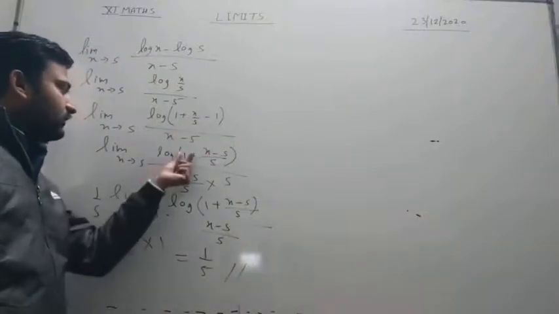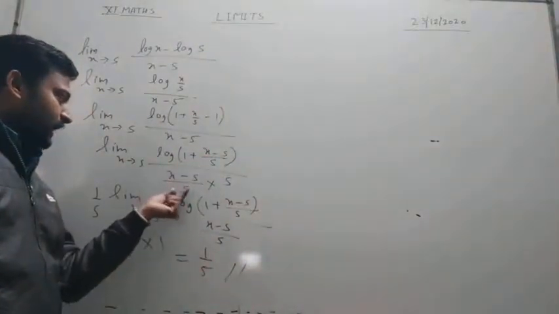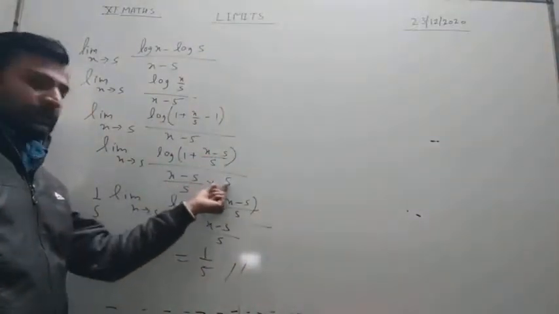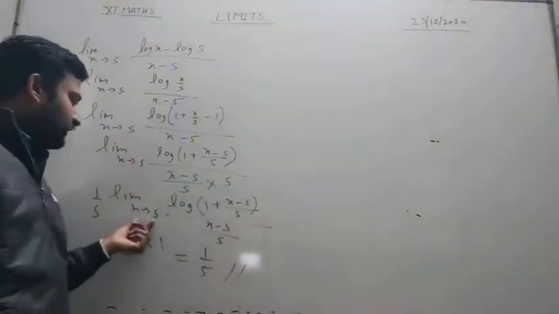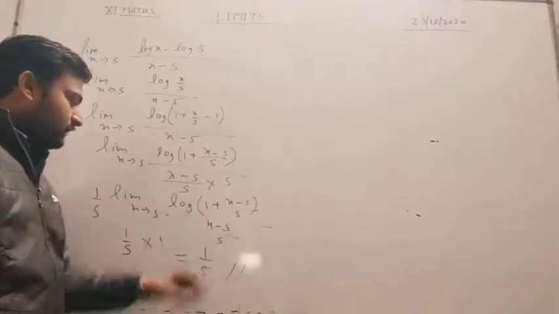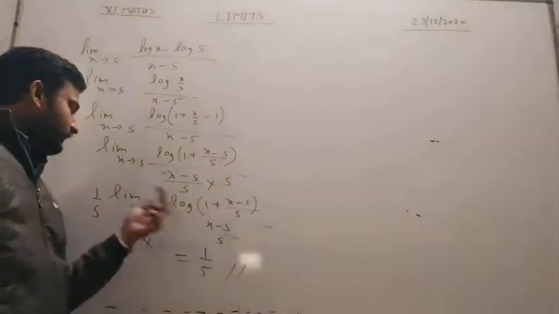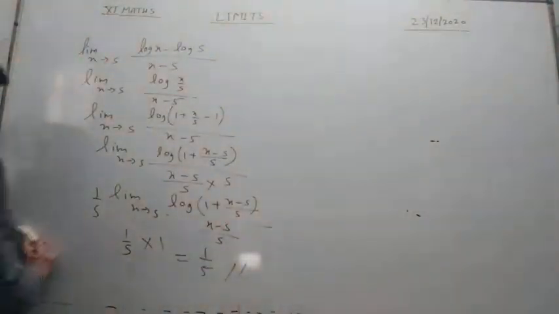So this is log(1 + this whole term), and this whole term is x. Now making this term as x, we are dividing by 5 and multiplying by 5, taking this 1 by 5 outside. The limit x tends to 5 of log(1 + x) by x. Okay. So this term is 1 and this is 1 by 5 into 1. So our answer will be what? 1 by 5. I hope you understand friends. Let's see another question.